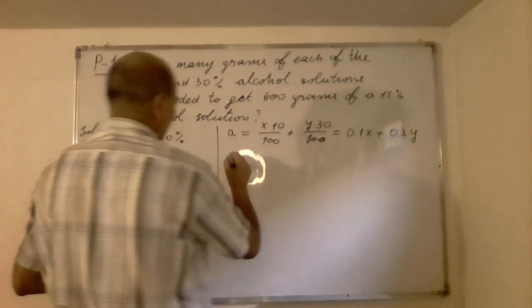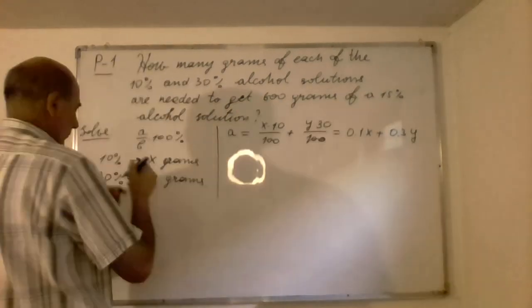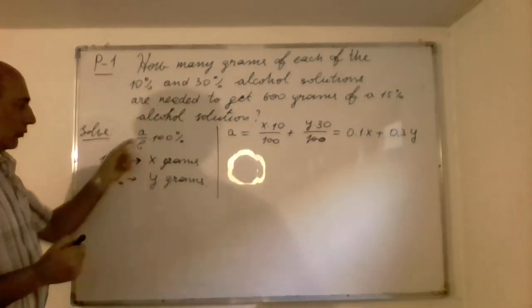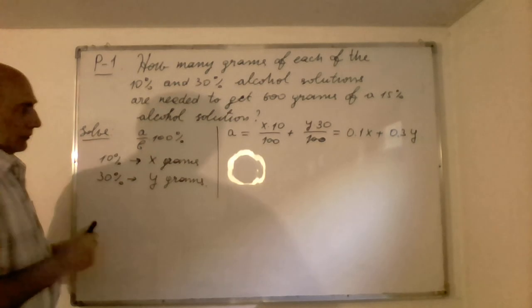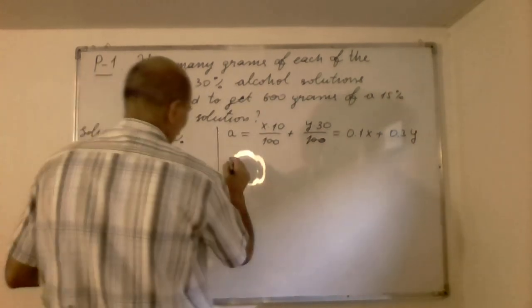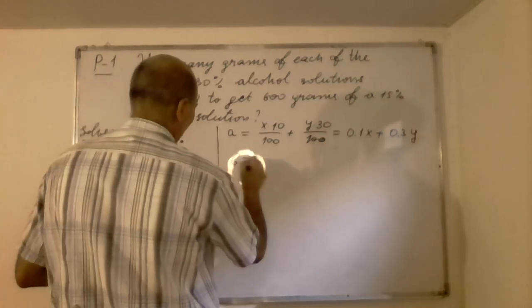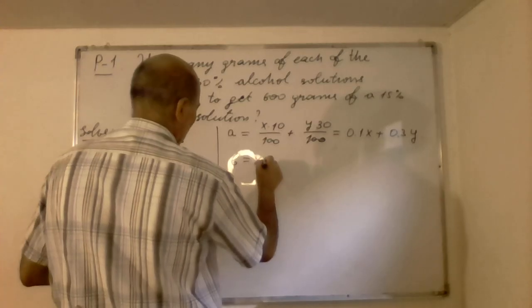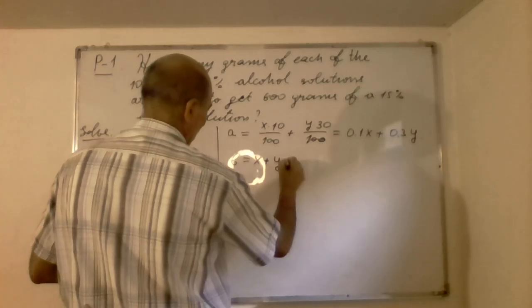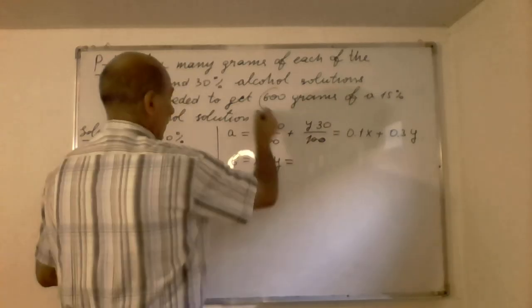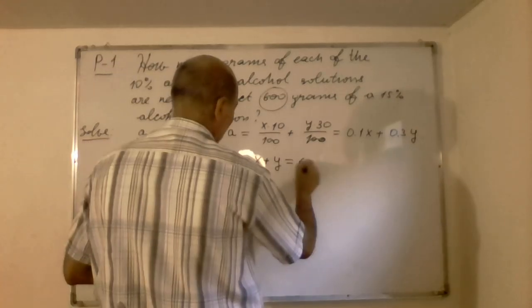We know that B is the amount of solution, so that B equals x plus y, which equals 600 grams.